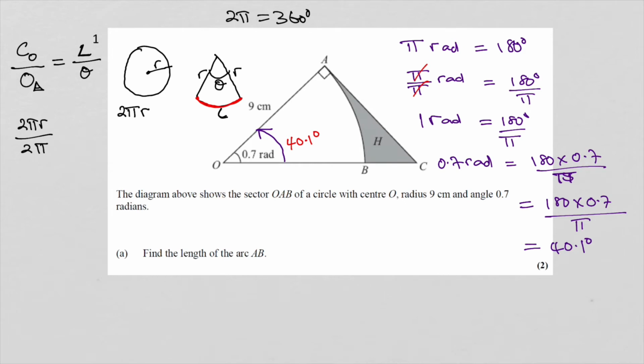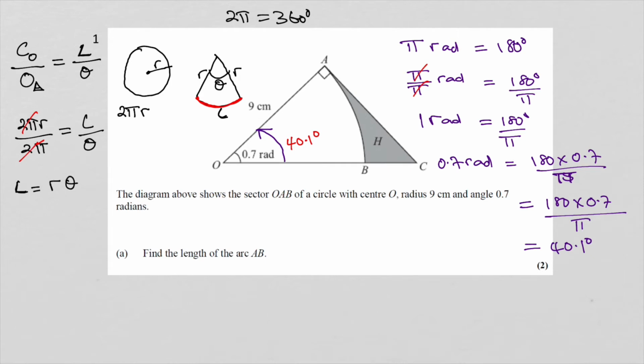And then you compare that to the length of arc we're looking for over the angle of arc that we have, in this case, 0.7 radians. 2 pi, we cancel 2 pi. Therefore, we need to make L the subject, and that will be multiply both sides by theta, so that will be r theta.